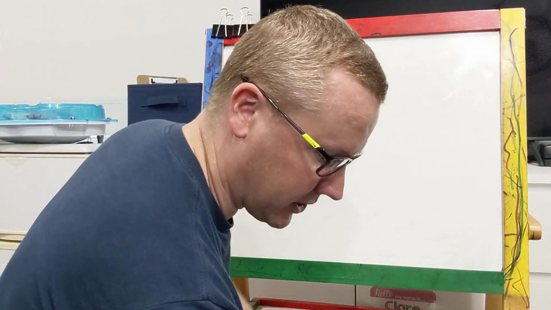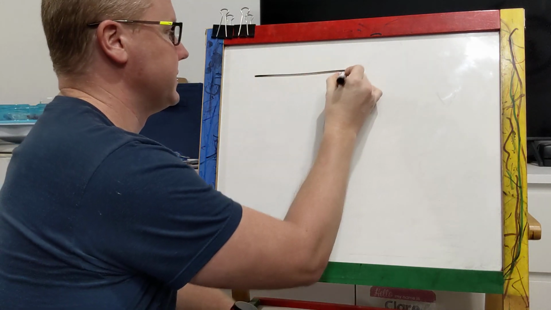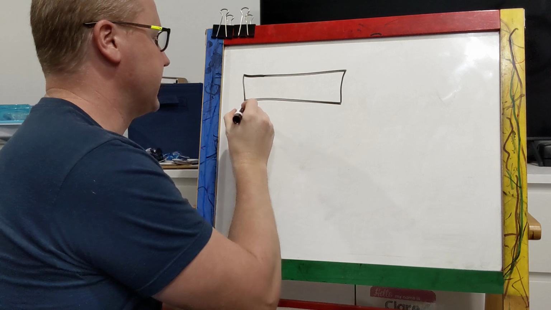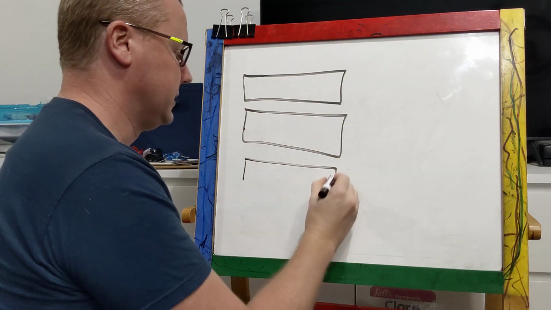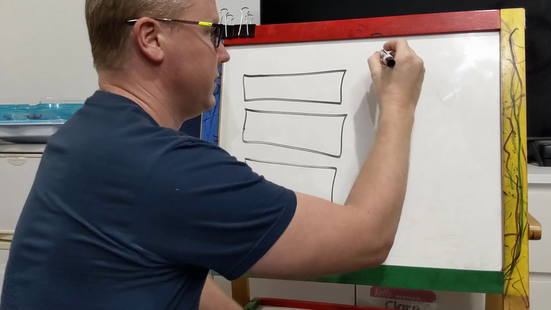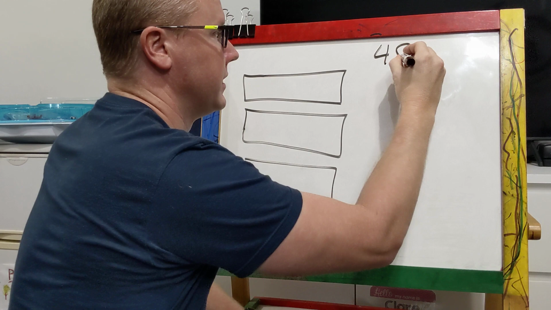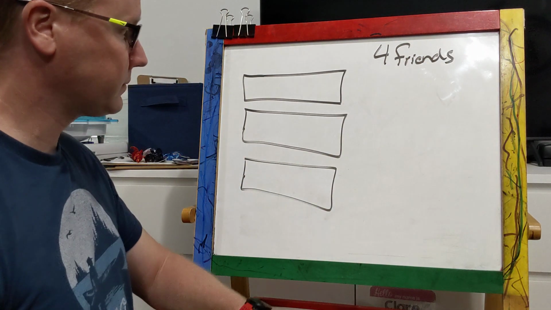I want to start off by drawing the strips of fruit. We have 1, 2, and 3, and there are 4 friends that each want some.